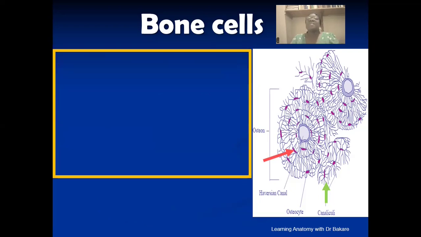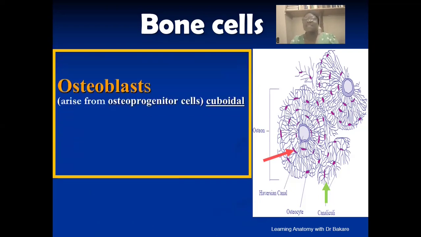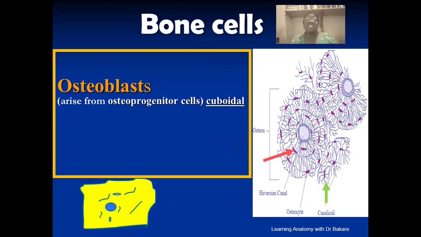The next type of cell that we have is the osteoblast. Remember, we described in our previous slide that the osteoprogenitor cells are designed to further transform or develop into the osteoblast. So this is the next stage of development, and they arise from the osteoprogenitor cell. If you look at the configuration here, you see that they are cuboidal in shape. If you go back to the presentation of the osteoprogenitor cell, remember we said that they are flat, but by the time they are developed into the osteoblast, they will be seen to be cuboidal in shape.